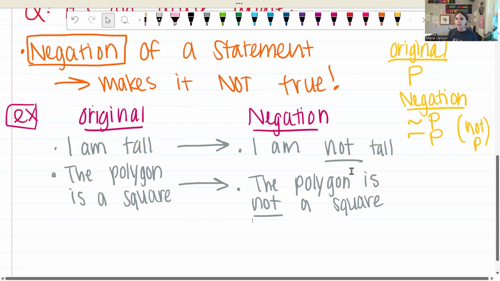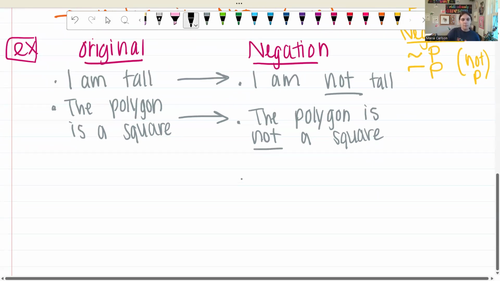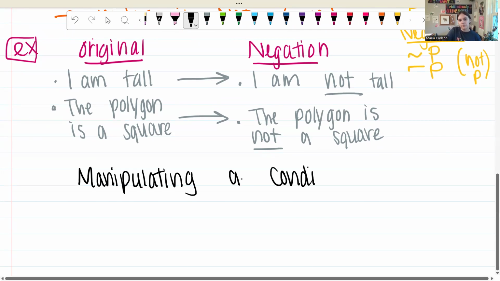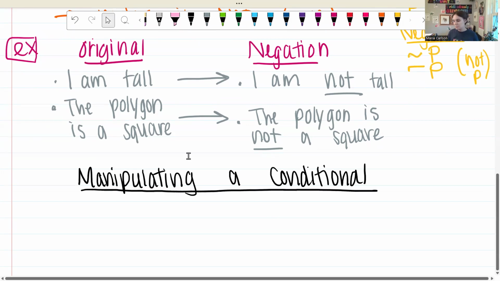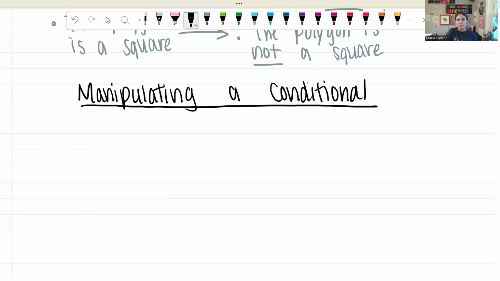That's going to become important as we start to work with our conditionals, because oftentimes we are going to be asked questions where we need to manipulate the conditional. How can we change it in different ways to make the statement mean different things? So I'm going to have an example here.